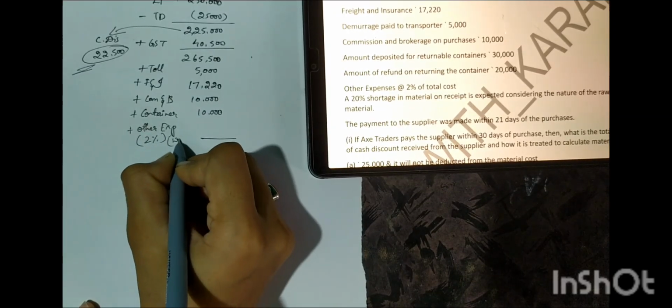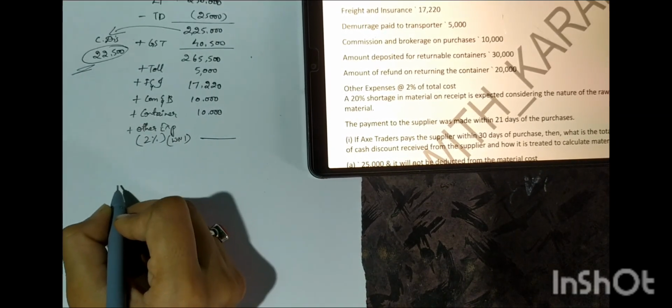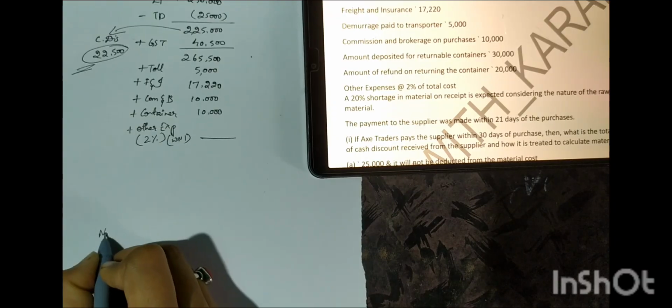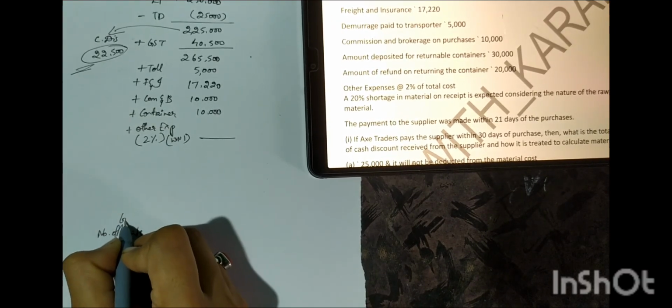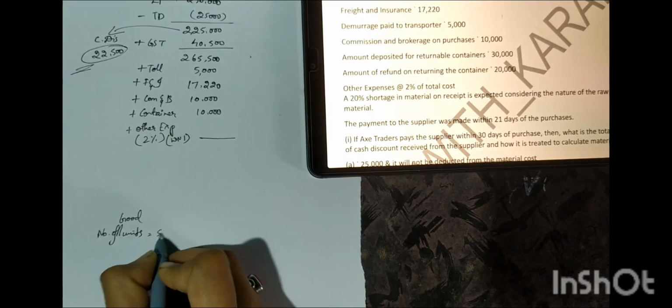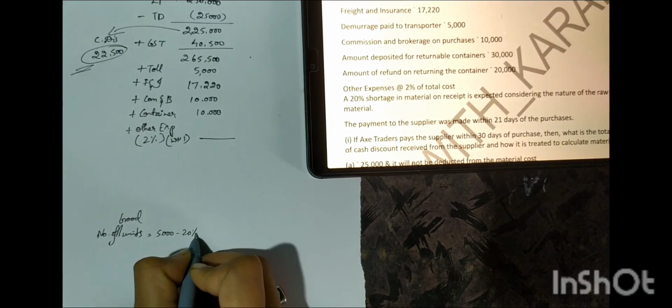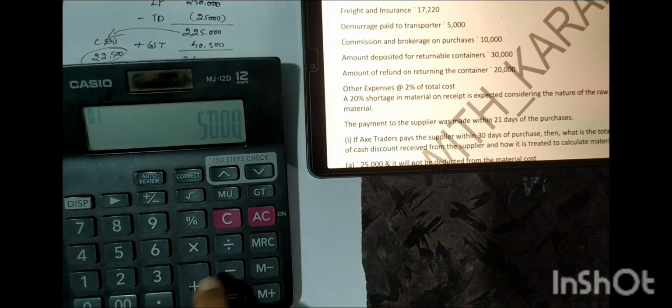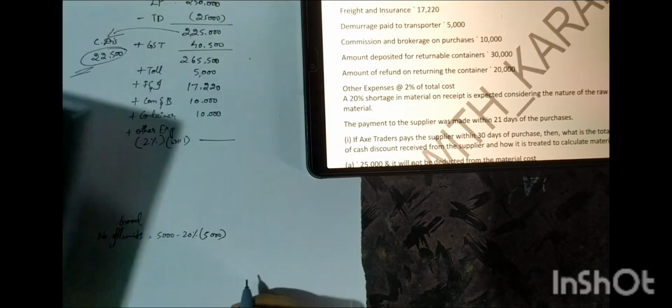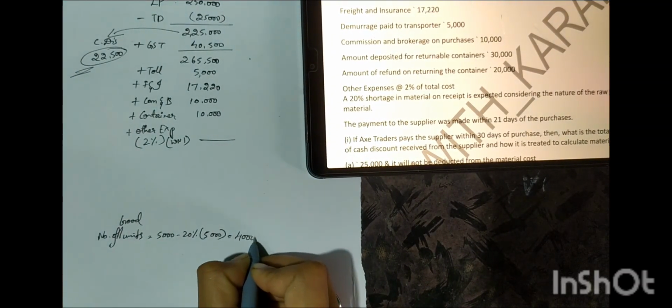So we're going to solve this in working note number 1. And the number of units they have given, the number of good units we're going to calculate. Number of good units is 5000 minus 20% of 5000. So that is 5000 minus 20%, which comes out to be 4000 units.